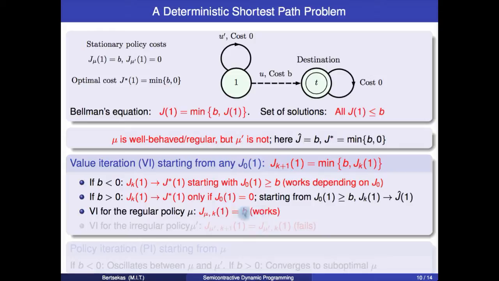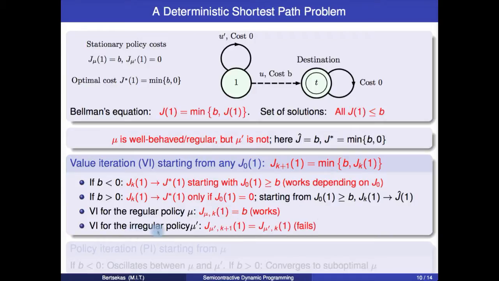So for the regular policy, value iteration works, and we're going to see that this is the critical property that regular policies should have. They should be well behaved with respect to value iteration. But that is something that we're going to encounter quite a bit later.